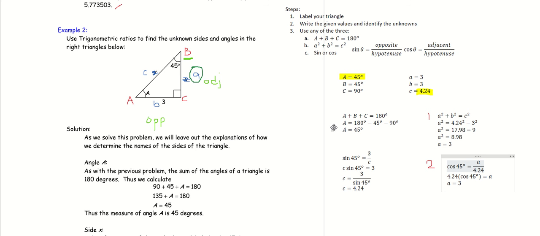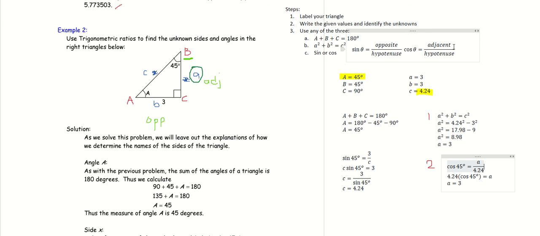Pero if I were you, I'll follow the 3 steps and these 3 options. Kapag dalawa na yung angle, you use A. Kapag dalawa na yung sides, you can use the Pythagorean theorem B. And kapag wala pa, okay, then you can use either of the 2 formulas, sine or cosine.